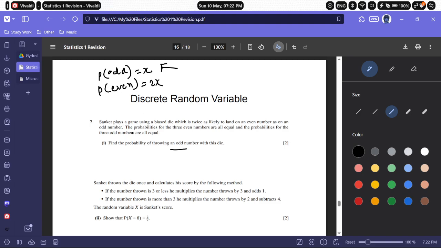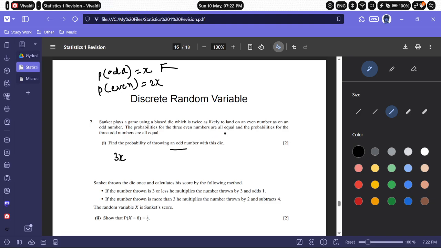It's for 2 marks. So you can use the rule that all the probabilities must add up to 1. Summation of p(x) over all x is 1. So 3x, because you have 3 odd numbers and they have the same probabilities, right?